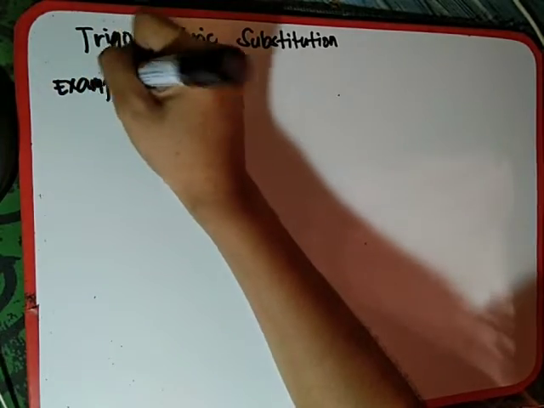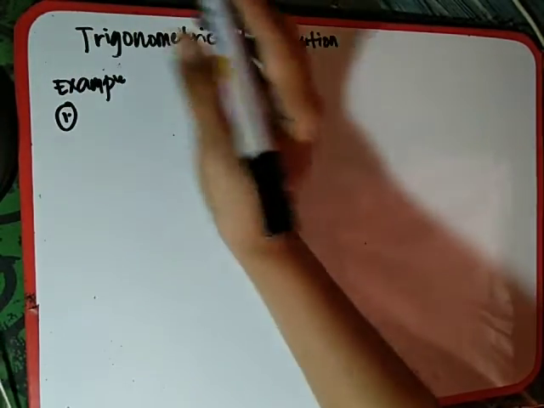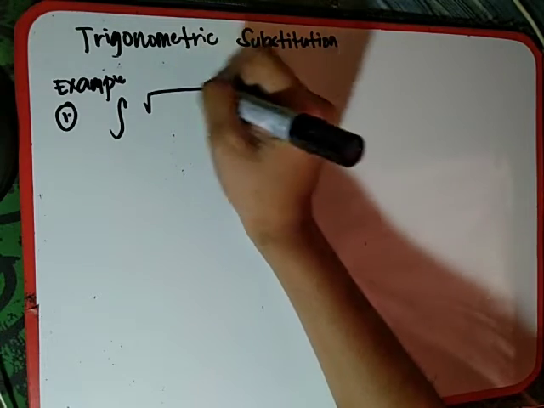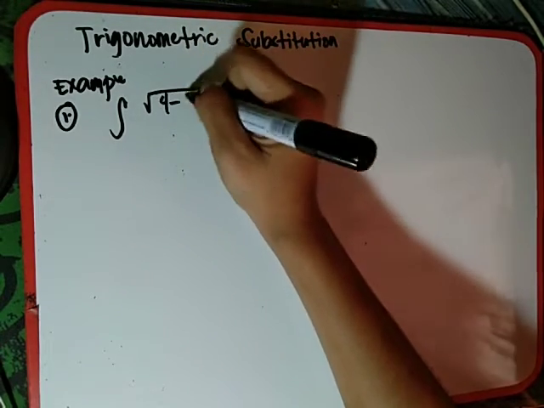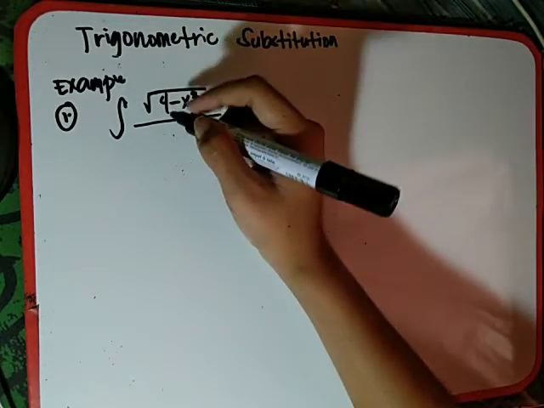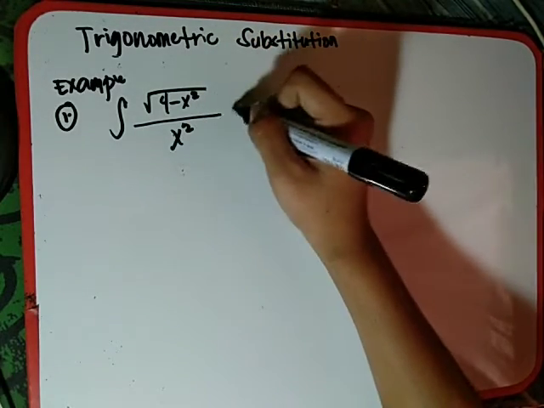Example 1. We have the integral of square root of 4 minus x squared over x squared dx.